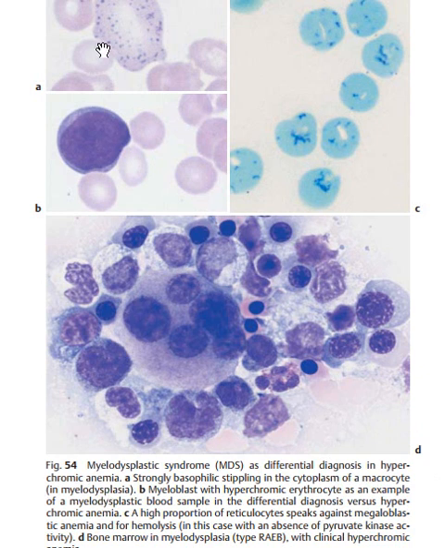In diagram A, you have strongly basophilic stippling in the cytoplasm, as you can visualize here. In diagram B, you're going to see a myeloblast and a hyperchromic erythrocyte as an example. In diagram C, a Prussian blue stain has been used in order to visualize the reticulocytes.